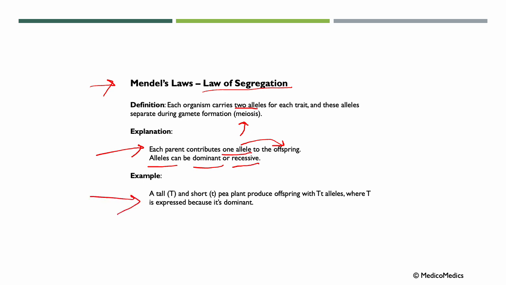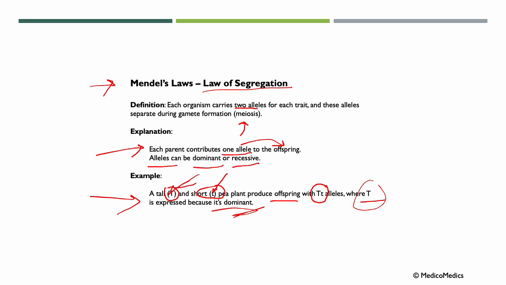And so an example here, if we have a tall plant expressed in the capital T, which means it's dominant, and we have a short plant in small t, this will produce an offspring with big T and small t alleles, where the capital T is expressed because it's dominant.